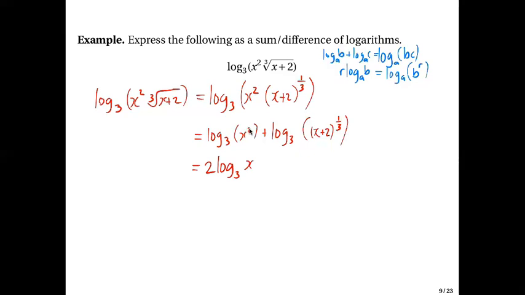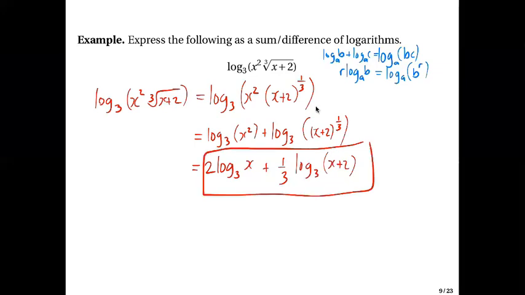So you bring this exponent 2 here as a coefficient of log. In here, you bring the 1/3 as a coefficient of log. So plus 1/3 log with base 3 of x plus 2. And this is the final expression. Take note, you have x plus 2 here and there's nothing to do there.